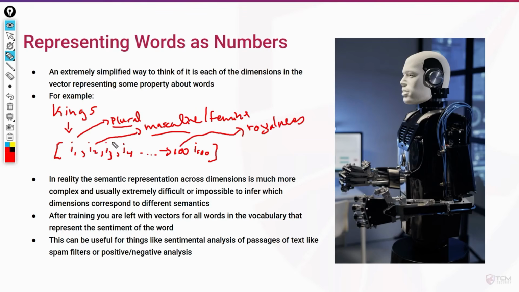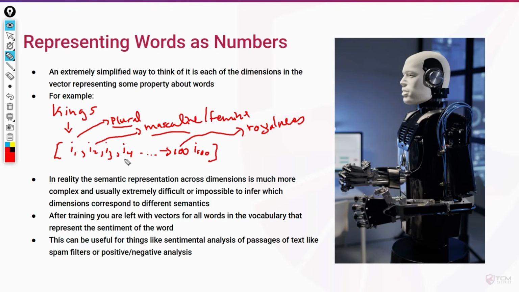This is a very simplified version to just give you an idea of how numbers could represent words, because in reality, the semantic representation across dimensions is much more complex, and it's usually very difficult or impossible to actually infer which dimensions correspond to the different semantics, because they usually work in conjunction with each other.